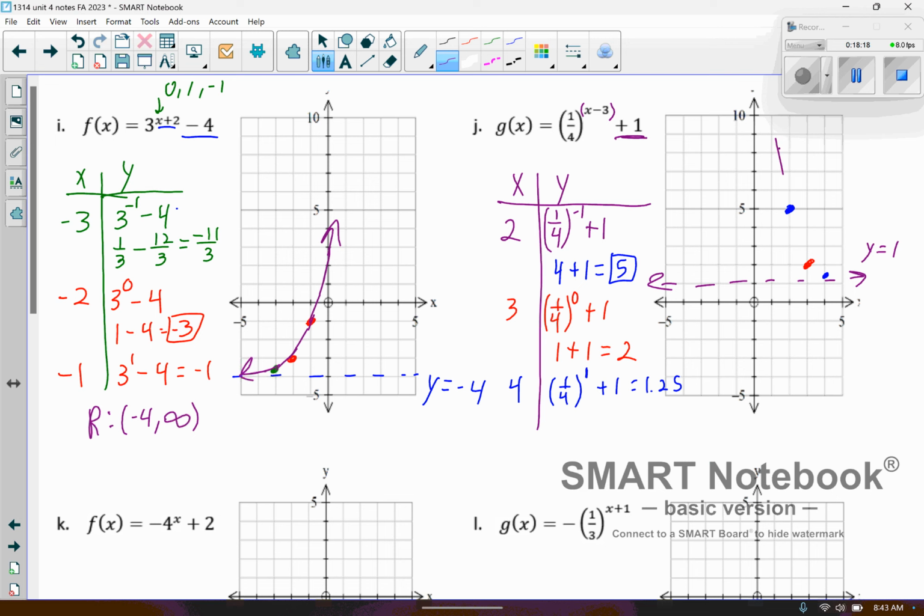And so we just kind of draw this decaying and then going along the asymptote right there. And then the range on this one would be from positive 1 up to infinity.